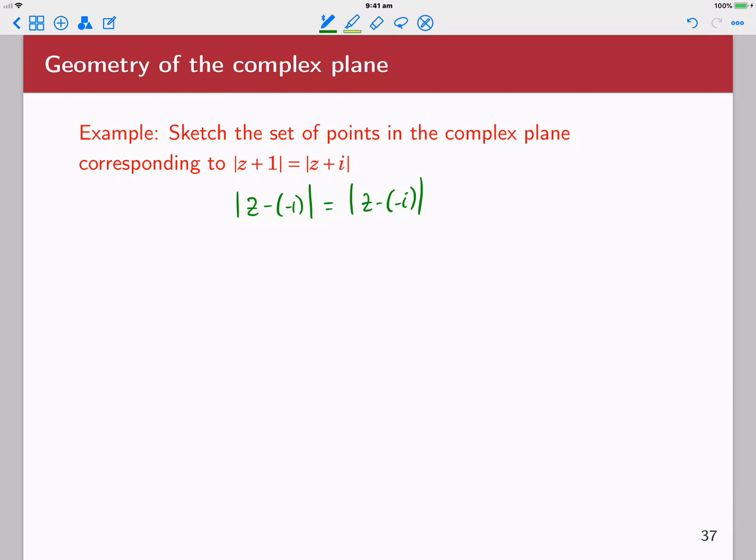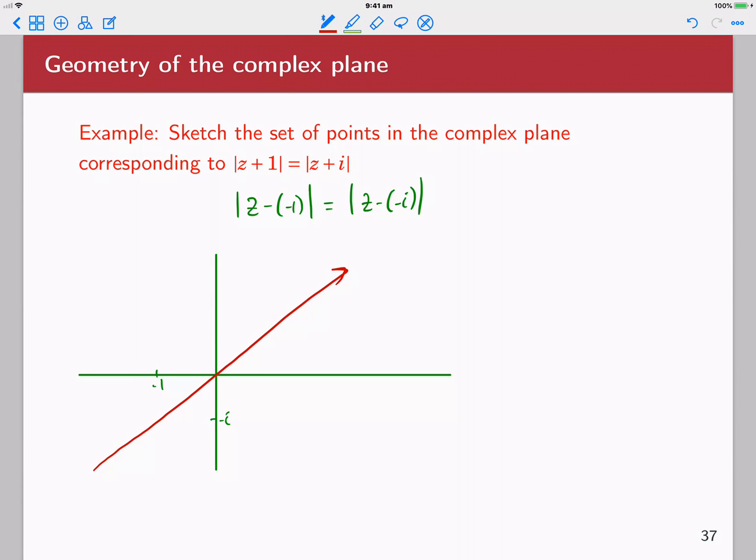Now, if I draw my complex plane, right? So let's say minus 1 is here and minus i is here. I want points that are equidistant from those 2 points. So it makes sense that I need to draw a straight line.